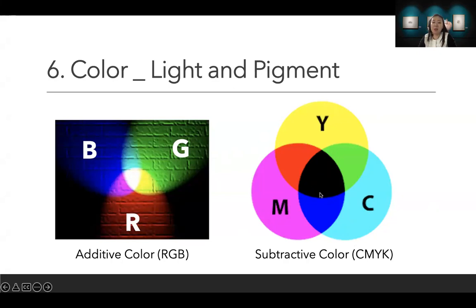Black ink is typically used as the key, so it marks black as K. These colors are used for physical colors like printing or paint. CMYK color is used for all kinds of printing, such as magazine printing, product printing, or t-shirt printing.